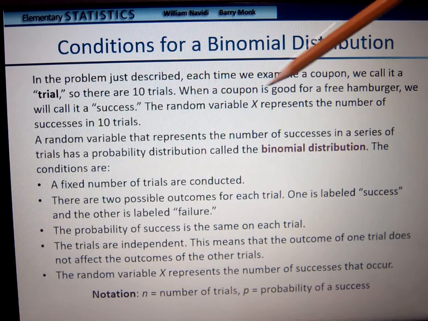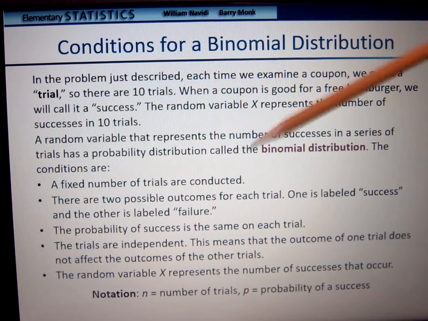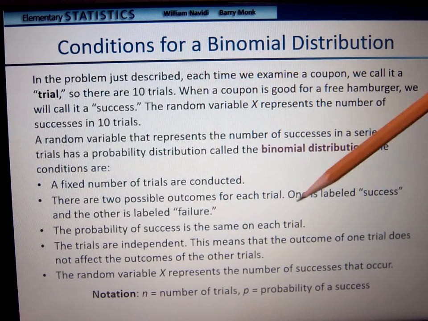The random variable X represents the number of successes in 10 trials. A random variable that represents the number of successes in a series of trials has a probability distribution called the binomial distribution. And binomial for a reason: you either have the result of success or the result of failure. So there are 2 things. Here are the conditions. First, you have to have a set number of trials conducted. We do, we have 10.